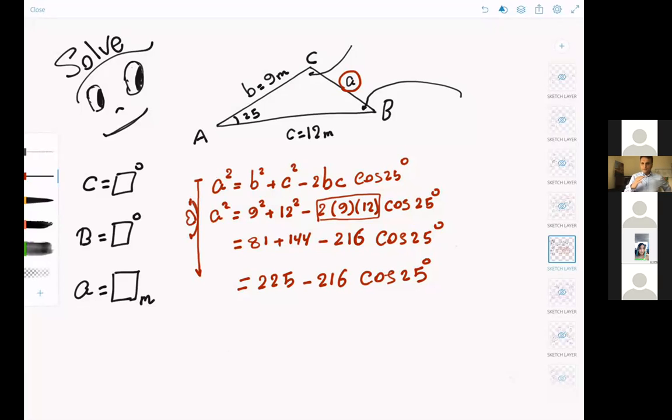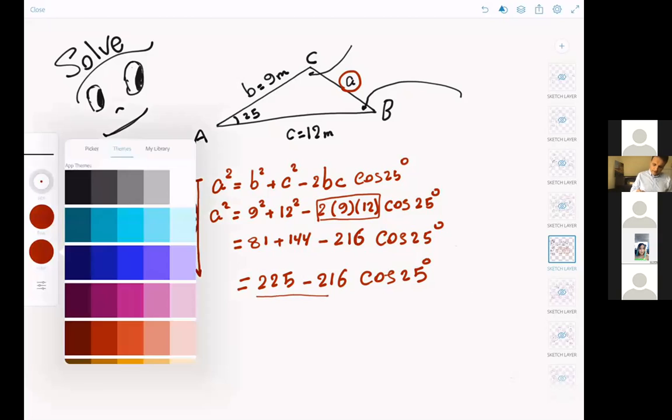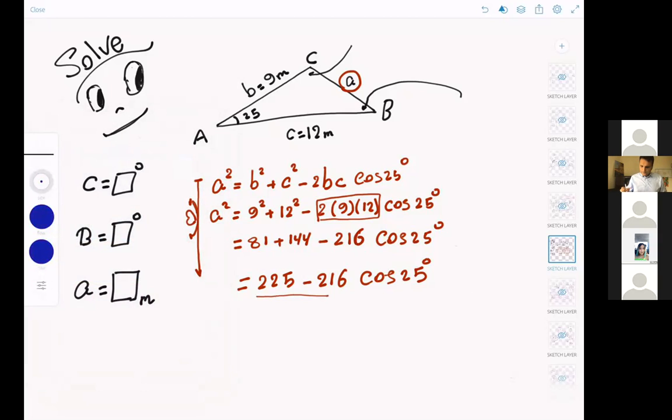So far we did everything good. Can I subtract 225 minus 216 first? No, you need to multiply 216 and cosine. Very good. Sometimes I see people make a mistake. I know you like to subtract after doing this advanced algebra, but here is a multiplication, so we do multiplication first. So what is 216 times cosine of 25 degrees, Yvette?